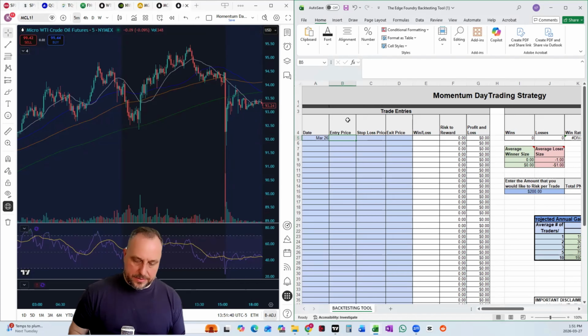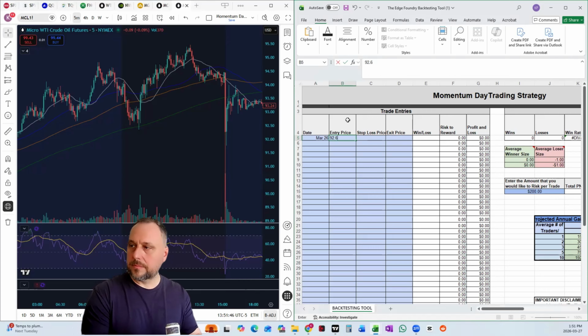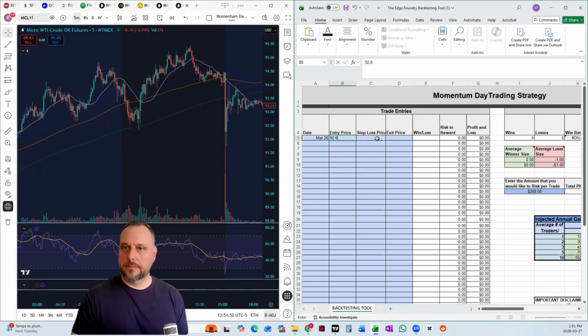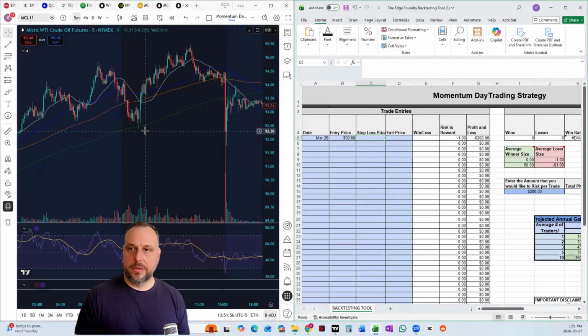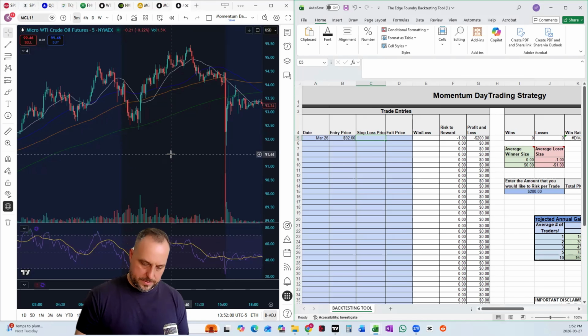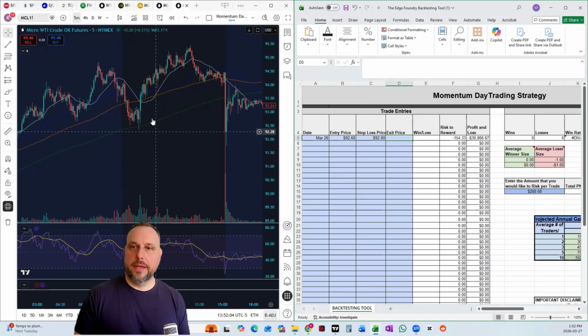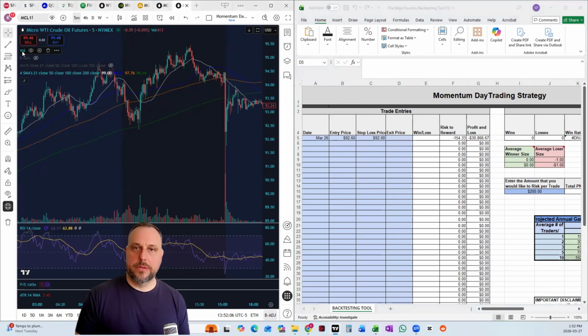Let's call it 92.60. Stop loss would be just below. Let's go ahead and call it 92. And for the exit price, let's throw in the Bollinger Band.